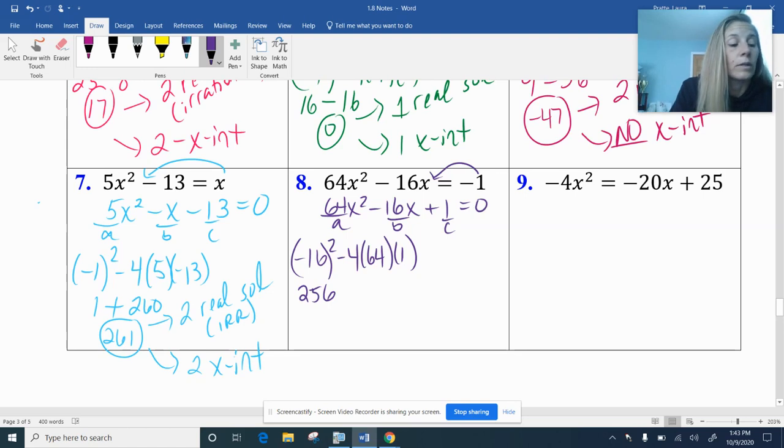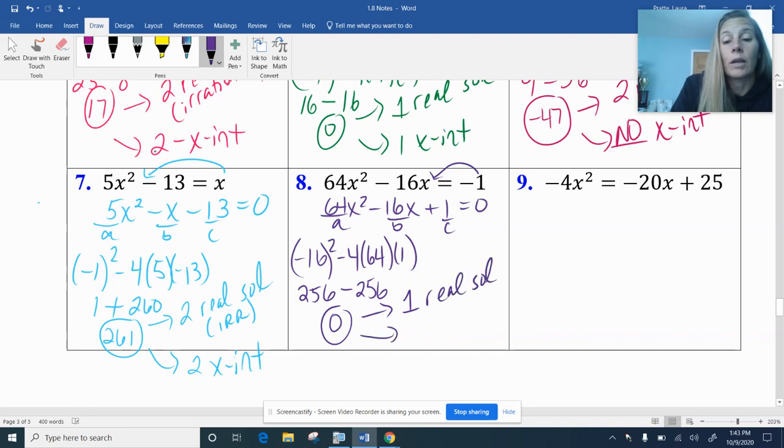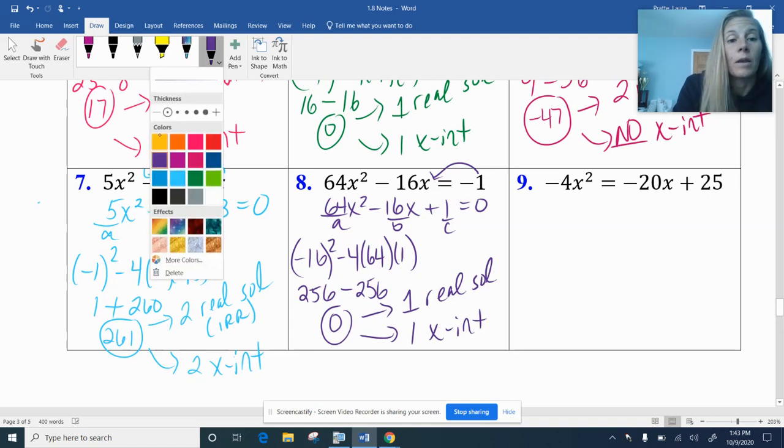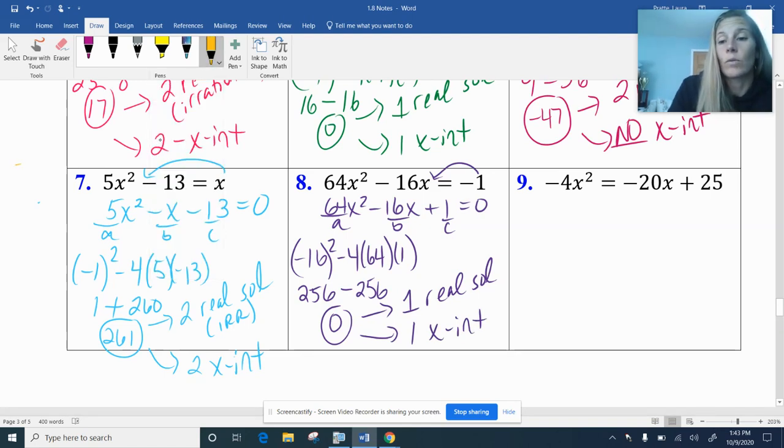And then we have 4 times 64, which is also 256. And that's going to equal 0, which of course means we have one real solution and one x-intercept.